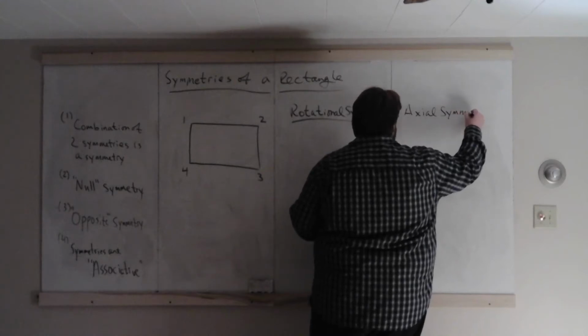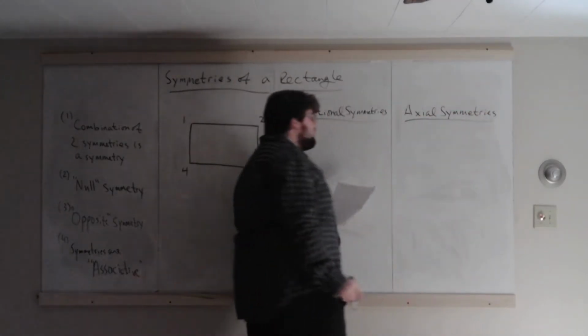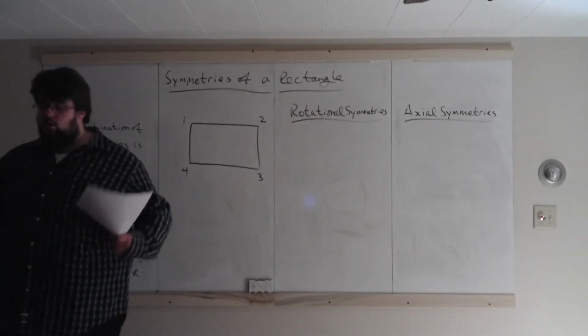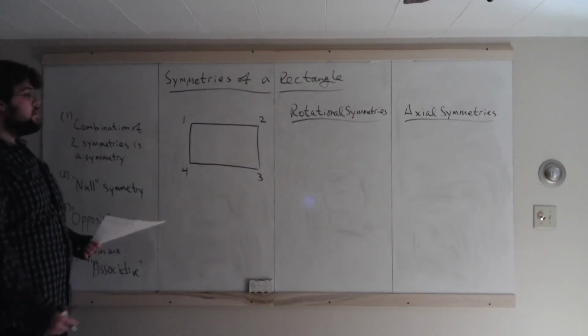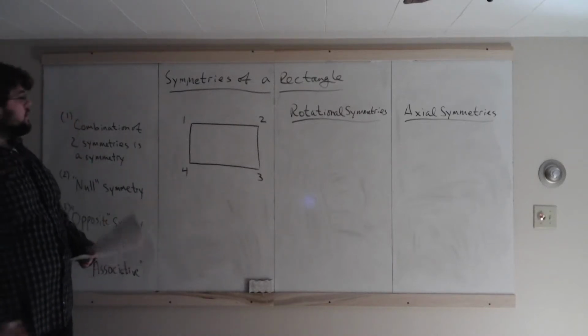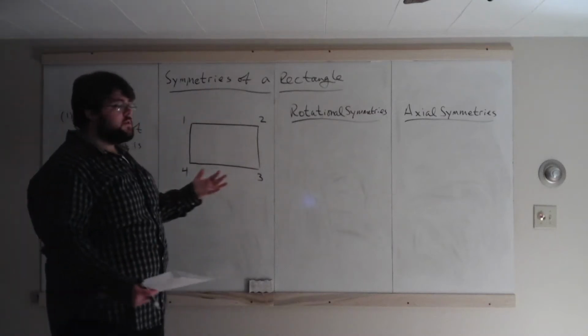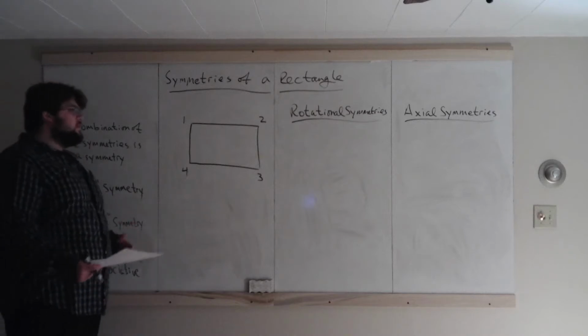Now a rotational symmetry, we're going to want to rotate this rectangle so that it has the same shape and is in the same direction. An axial symmetry means we're going to flip it over an axis, and we want it to have the same shape. So let's first talk about rotational symmetries.